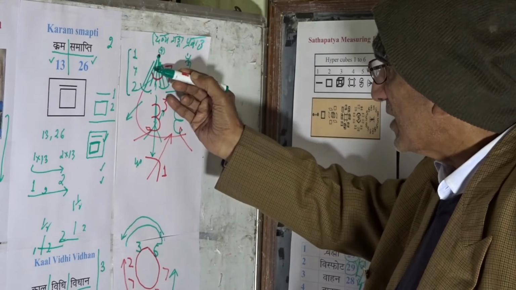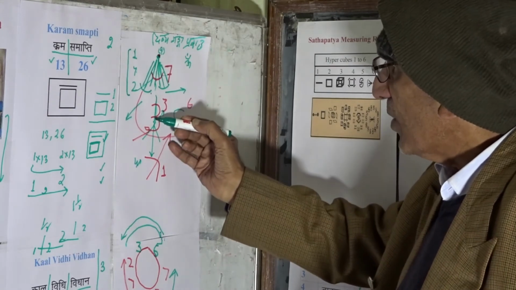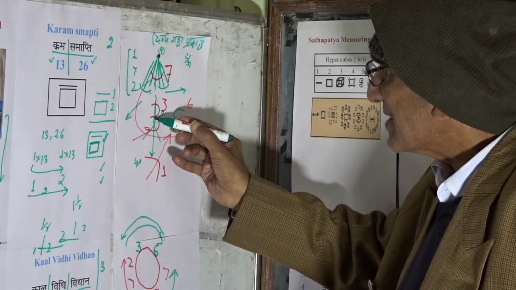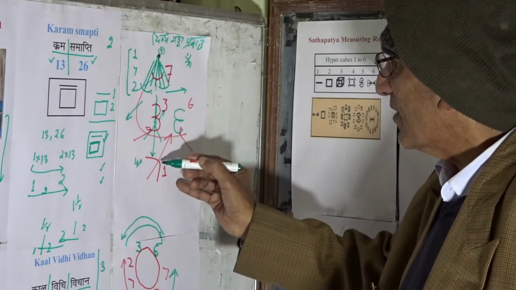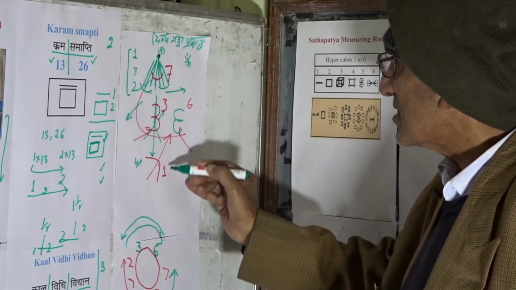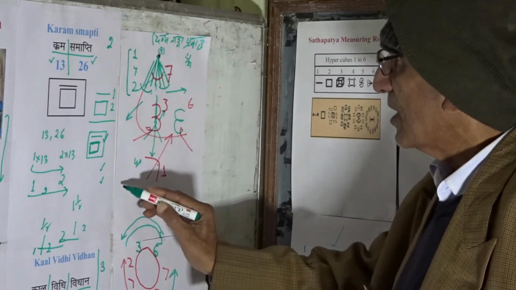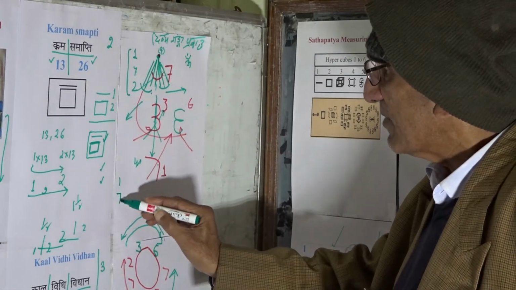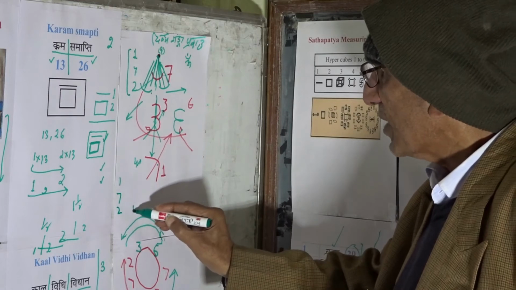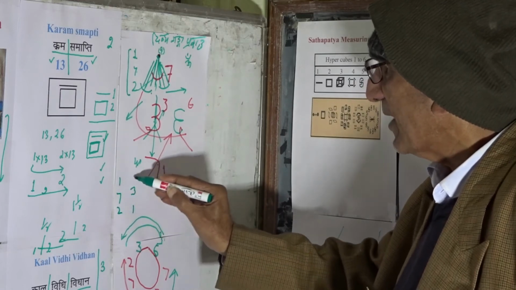Further, we know that these 7 streams go at the next step as 3 streams and then 1 stream. So this gives us the values 1, 3 and 7. So initially we have 1, 7 and 2. Further we have 1, 3 and 7.